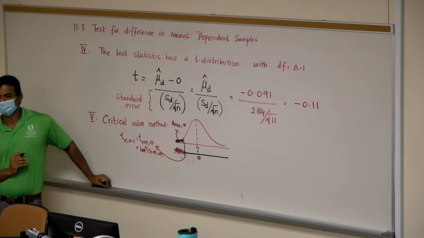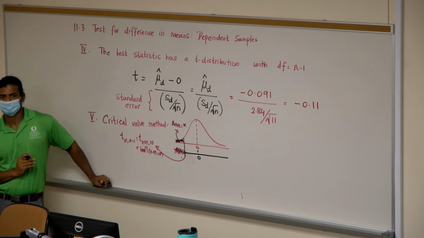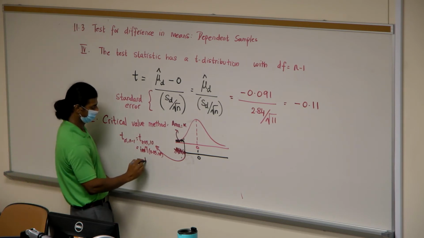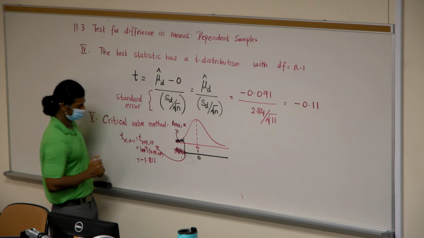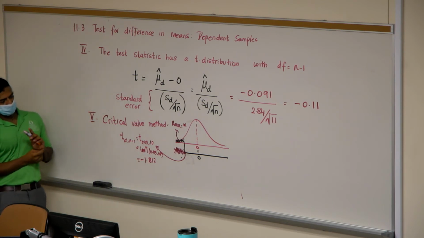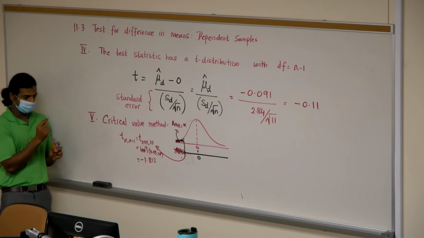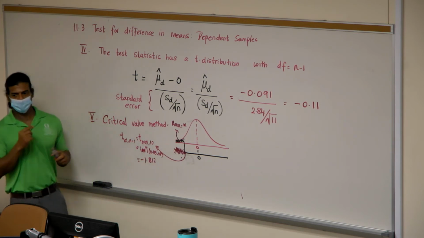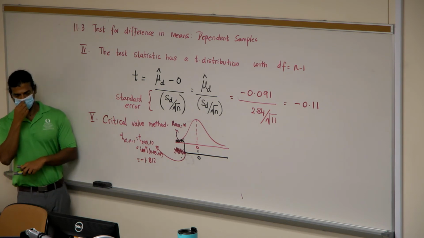Probably negative 2, negative 3. I got negative 1.812. So we would reject the null if the test statistic fell below negative 1.812.